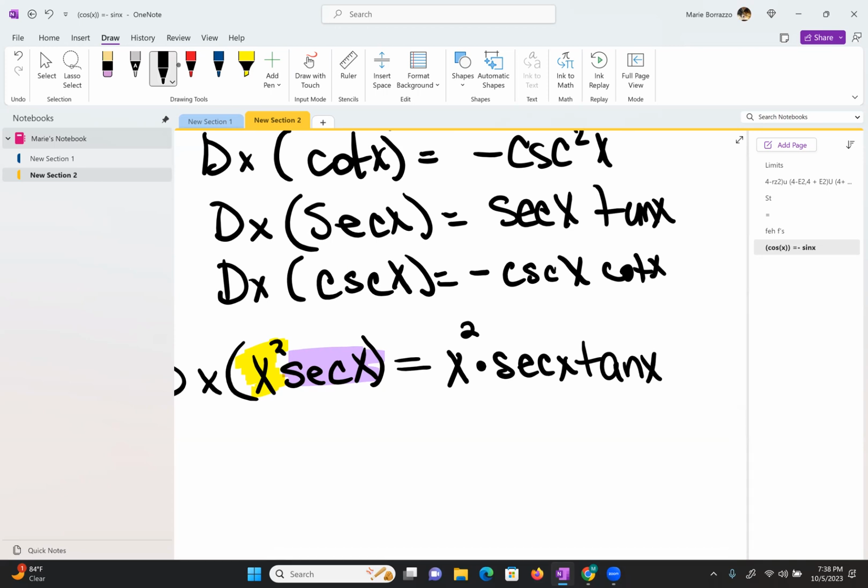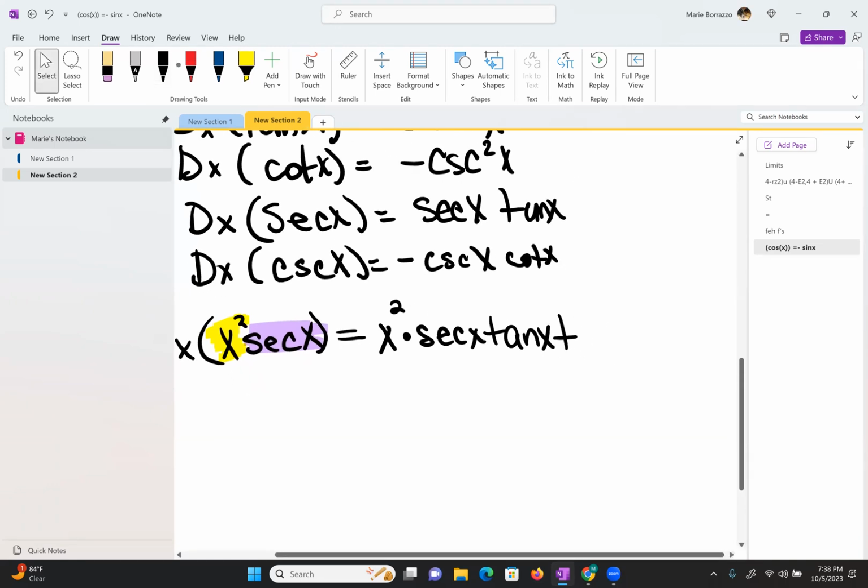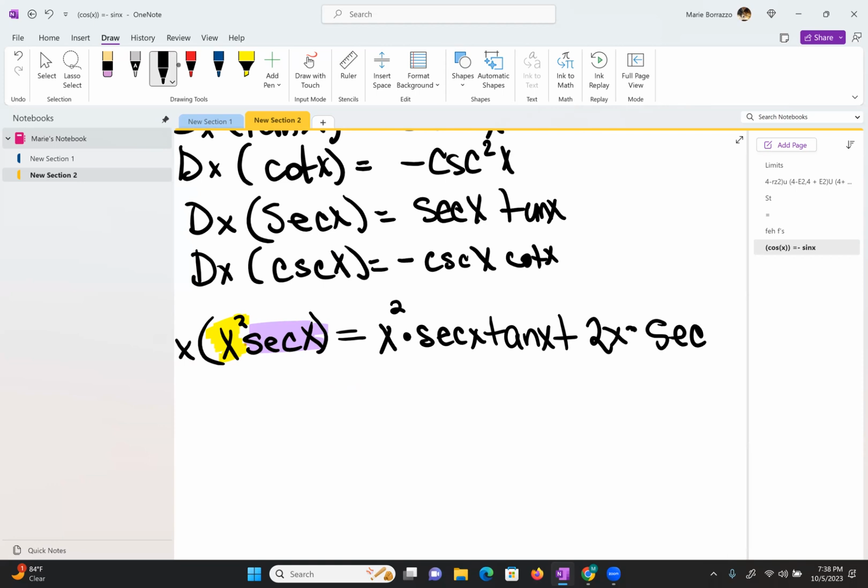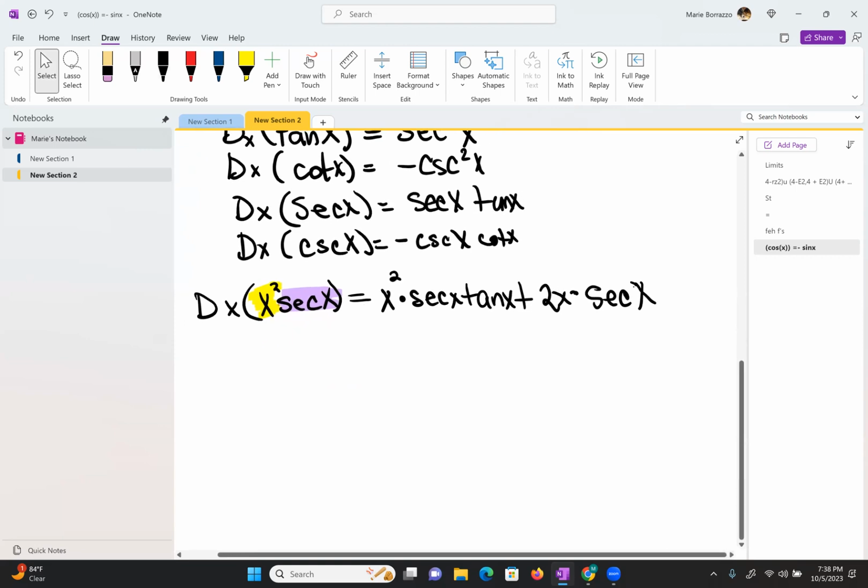The other part would be plus the derivative of u of x, which is 2x, times v of x, which is the original secant x. That's all I would need to do for that one, because it's pretty straightforward. So that's that example.